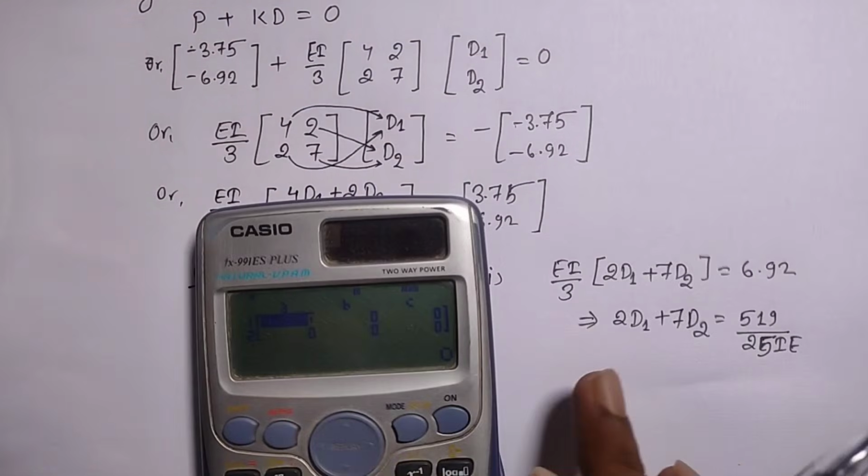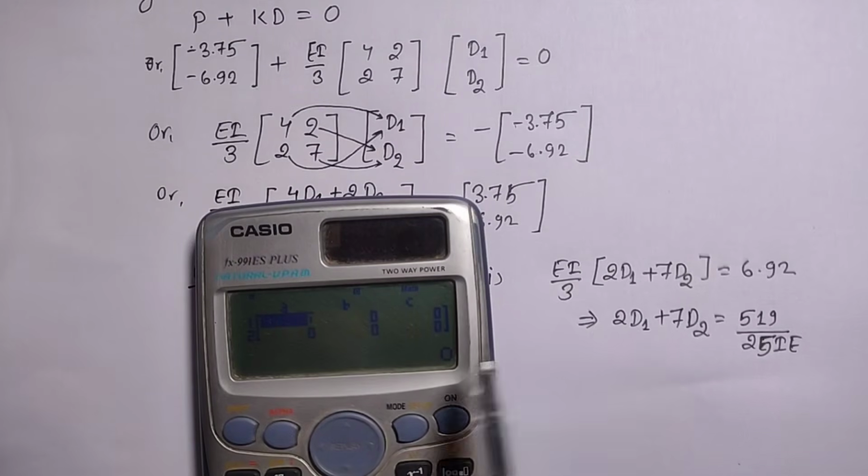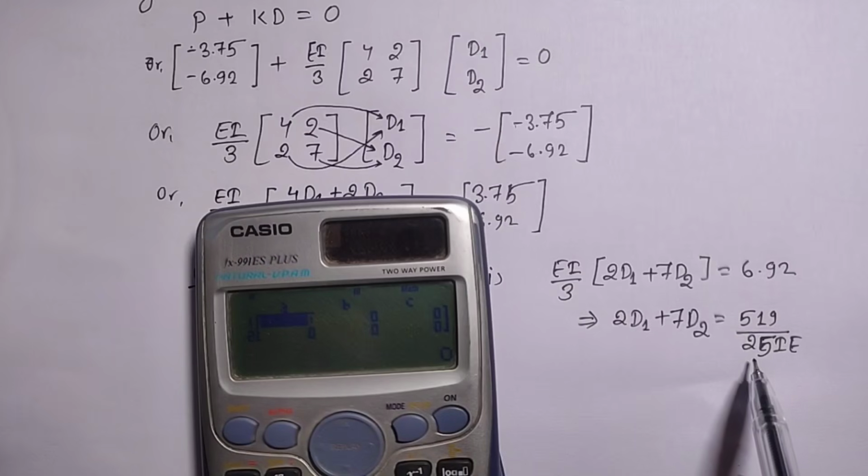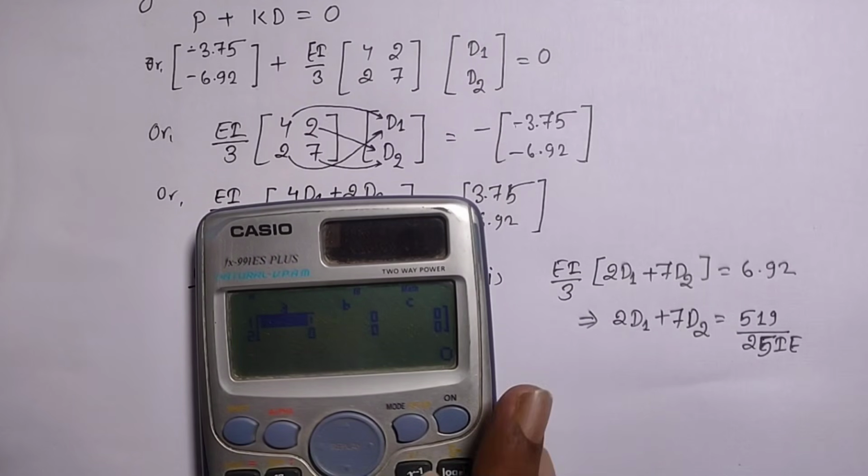Similarly again, press equals, then 2, equals, 7, equals, and 519 by 25, equals, and then press equals again, and you will get the values of D1 and D2.